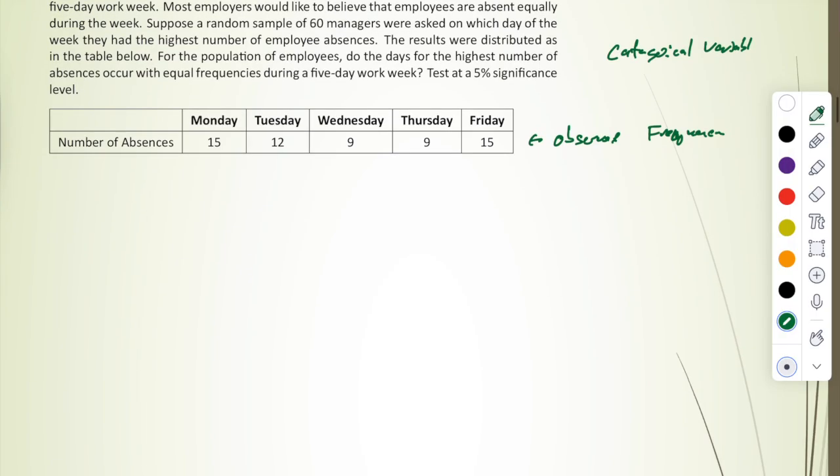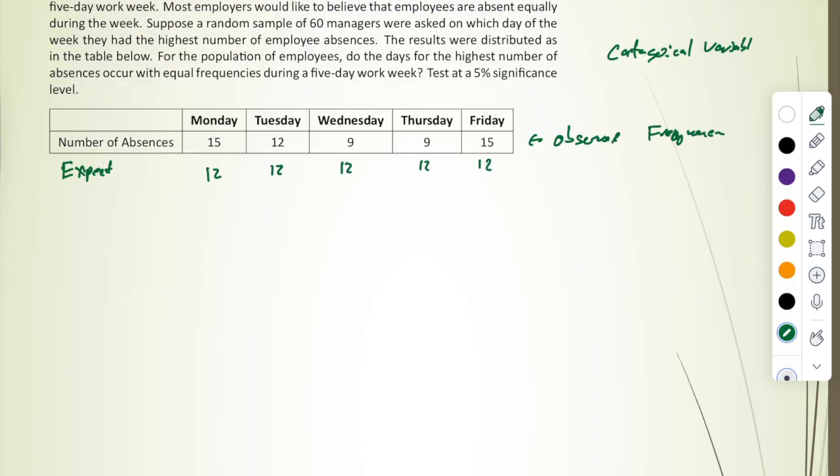Okay, so this is our observed. Now, what would we expect? We'd expect them to be distributed evenly. You'll notice that all of these add up to 60. If it was evenly distributed, how many would there be for each day? Well, wouldn't it be 12? There's 60 in 5 days.